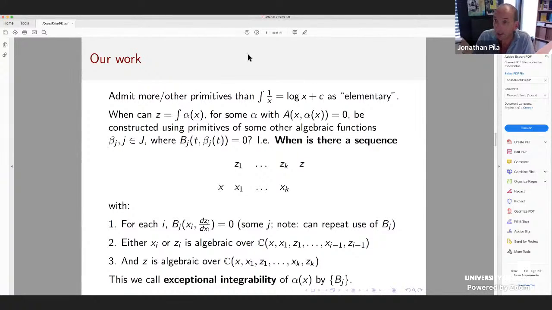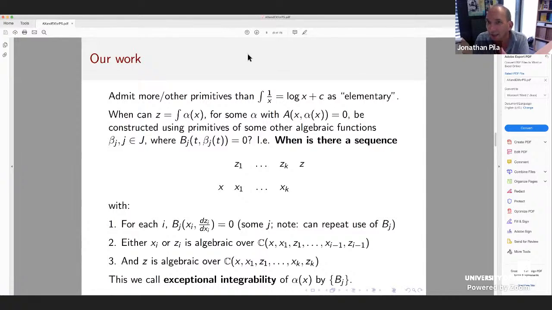As you could in the case of elementary integrability, you could take the logarithms of several things and even repeat taking logs. So here again, at each i, we allow the use of some b_j, but it can be the same j for different i's repeatedly.